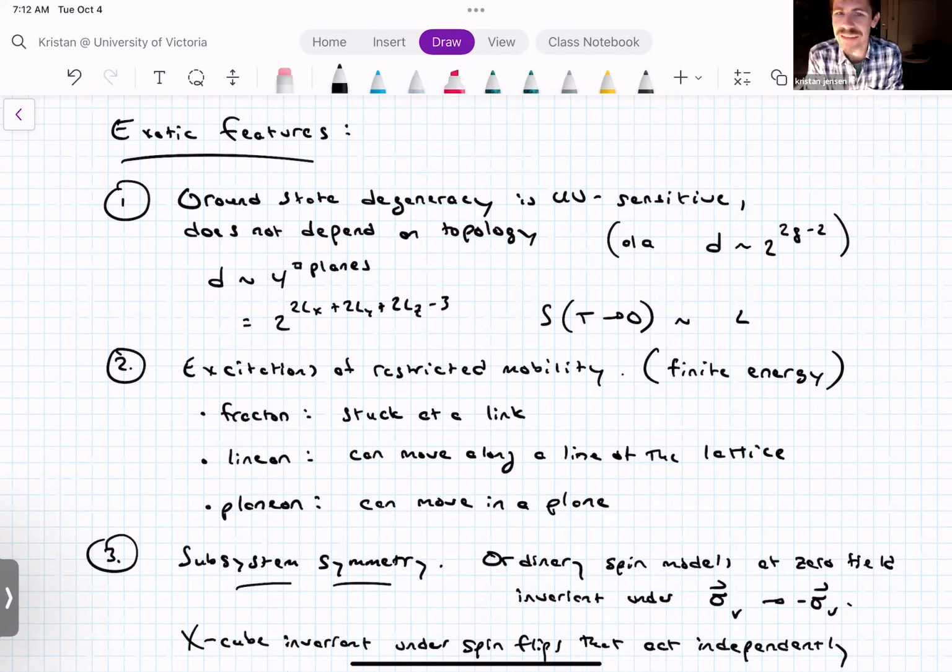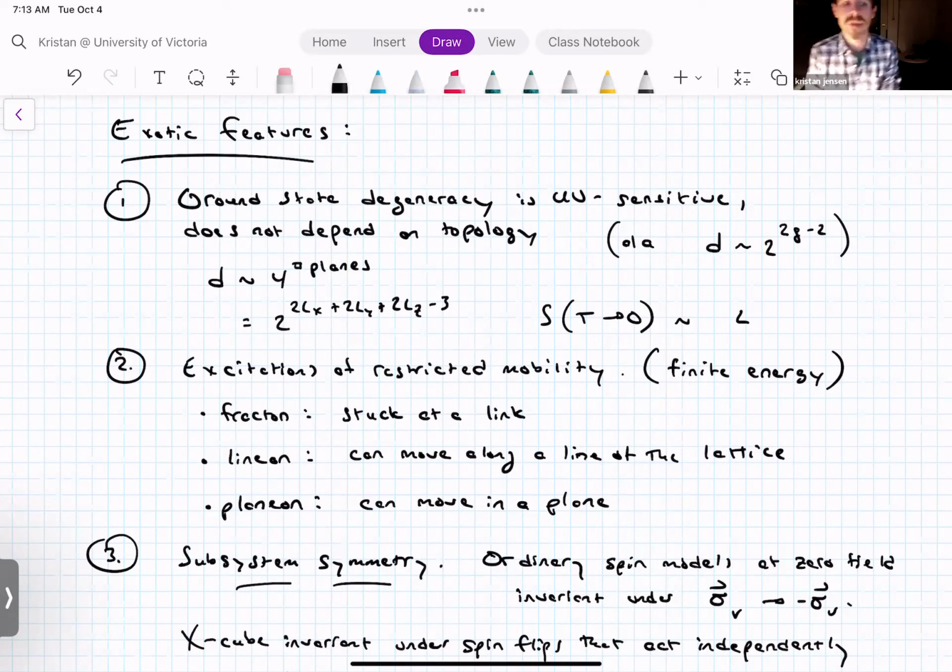This leads to a 0 temperature entropy that is not extensive, it doesn't go like the volume of the system. It's sub-extensive, but it's still quite large, going like the number of lattice sites parametrically in a given direction. So that's one feature about this thing that's very odd. There is a UV sensitive spectrum of low energy states.